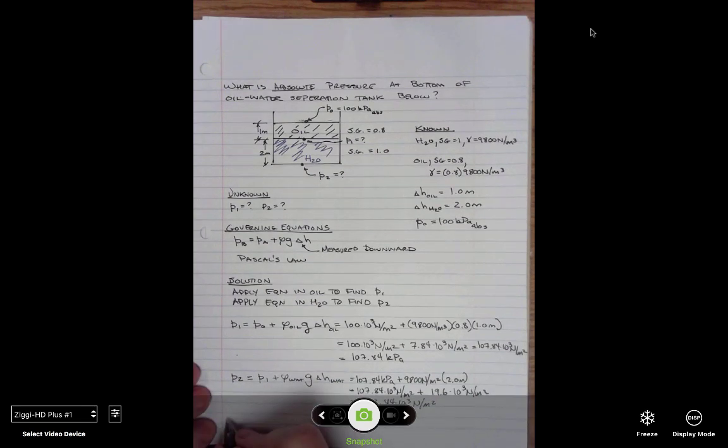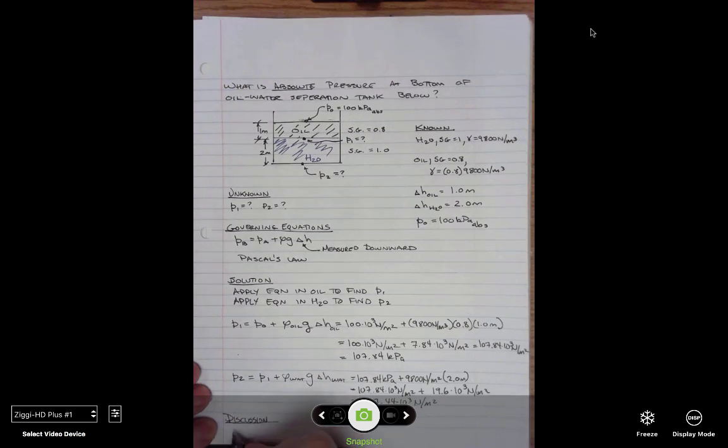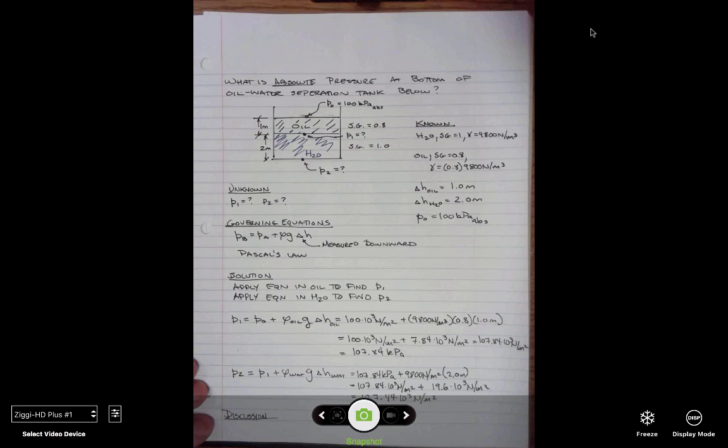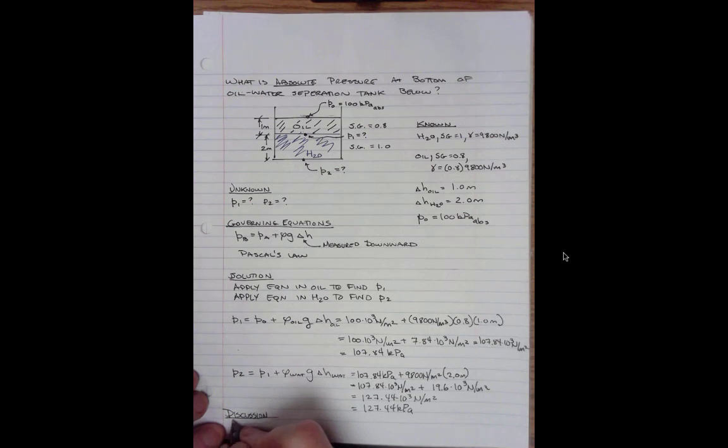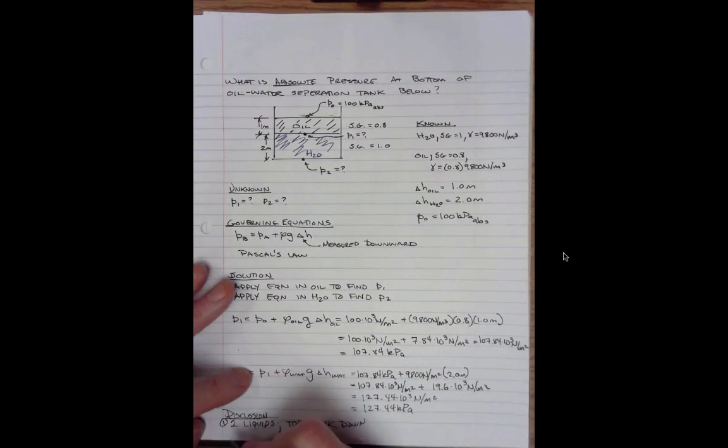By way of discussion, we have two liquids. Start at top and work down. Find the pressure at each interface until you get to wherever we need to.